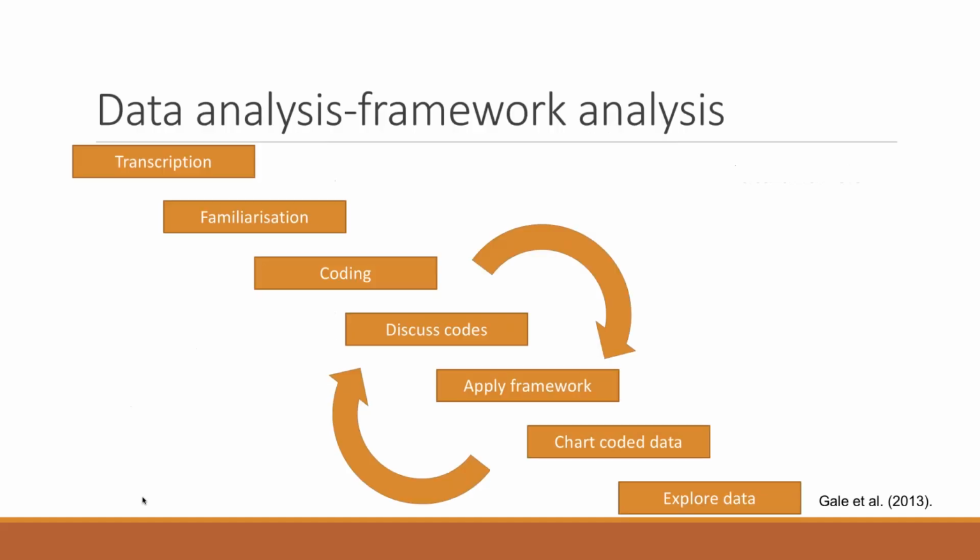And what framework analysis allows us to do is it allows us not only to identify the key categories that we might want to, for instance, code in our transcripts, our observation data, our documentary data, but also chart the data in different ways, visualize it in different ways to identify potential patterns or trends that we had not realized initially. So I've outlined some of the stages of framework analysis here.